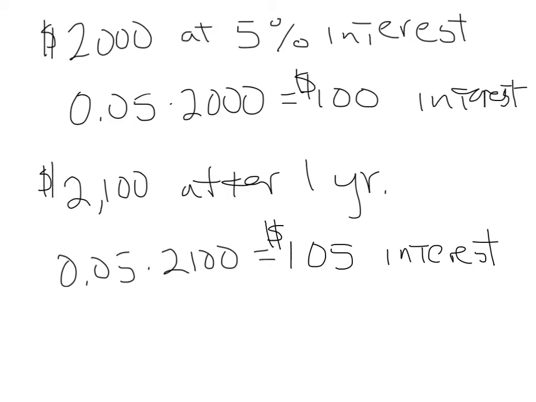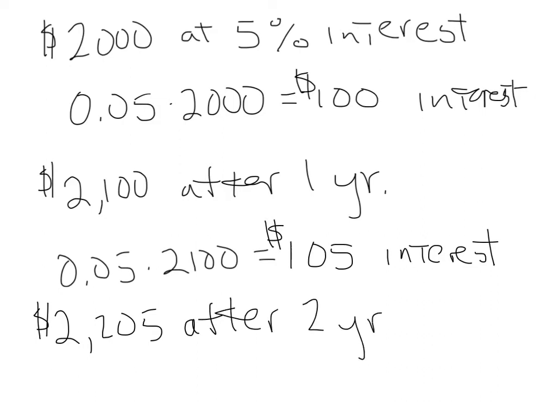So now our new total is $2,205, and we should in year 3, so that's after 2 years, start getting interest on $2,205, which will be more interest again than $105.